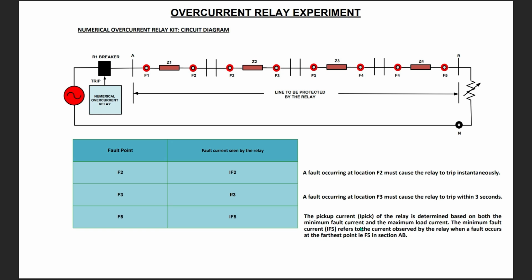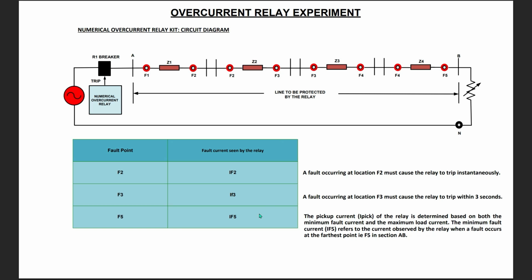The pickup current I pick of the relay is determined based on the minimum fault current and the maximum load current. If the pickup current is less than the maximum load current, the relay will trip even when there is a high load current. And the pickup current should not be greater than the minimum fault current, because the relay will not sense the fault occurring at F5.